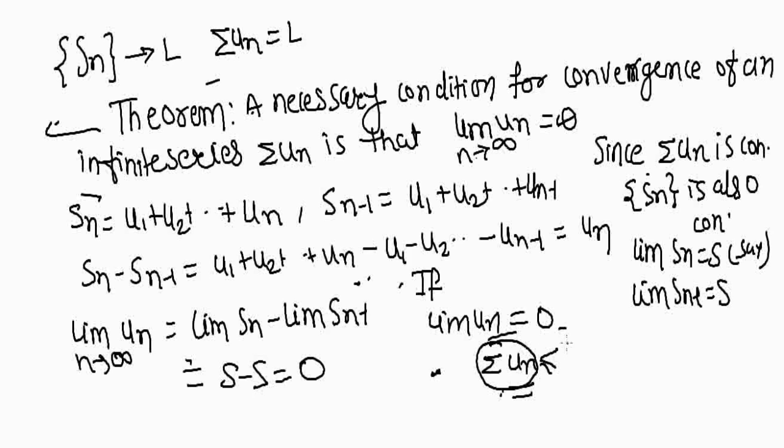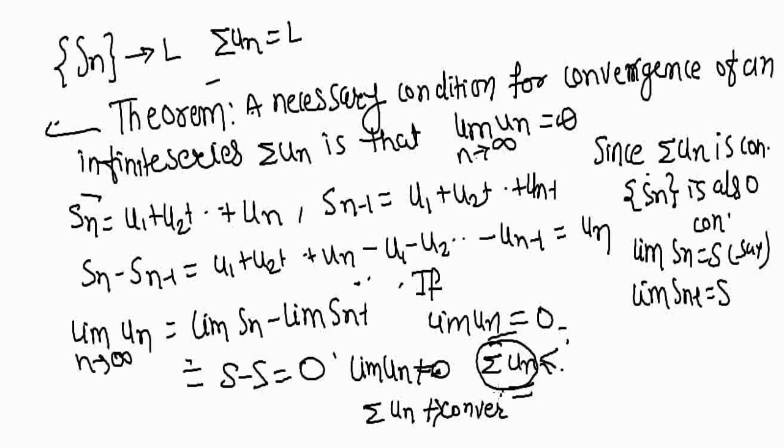It may converge, it may diverge. But using this theorem, we say that if the limit of un is not equal to 0, then definitely the series is not convergent, it is divergent.